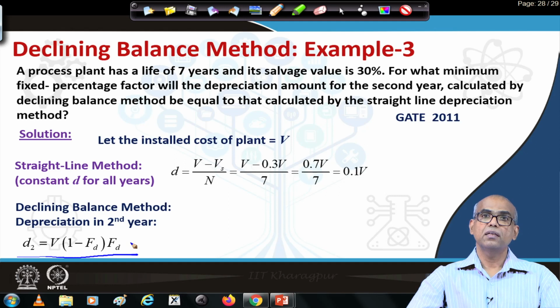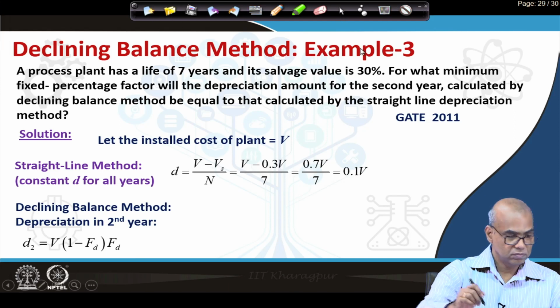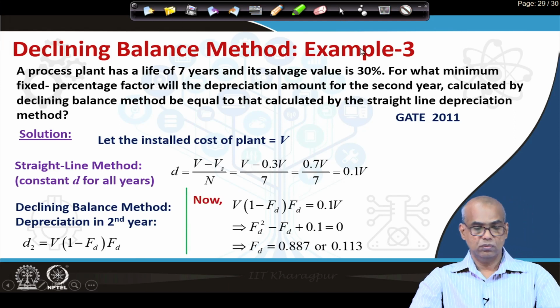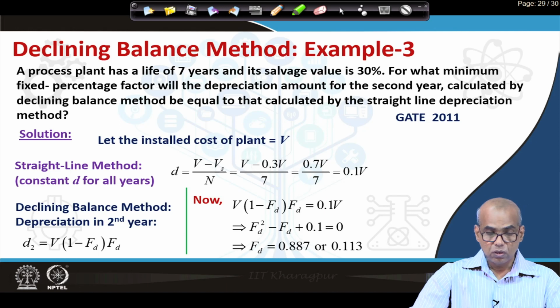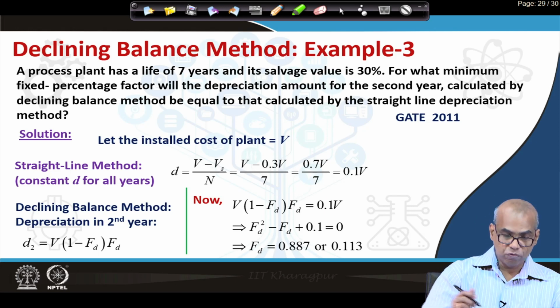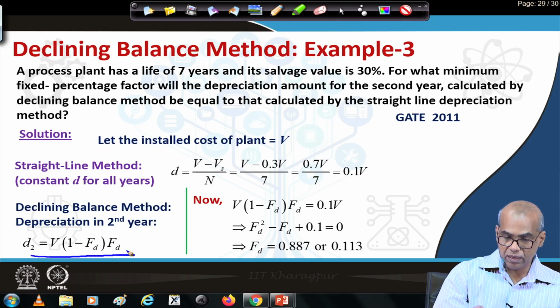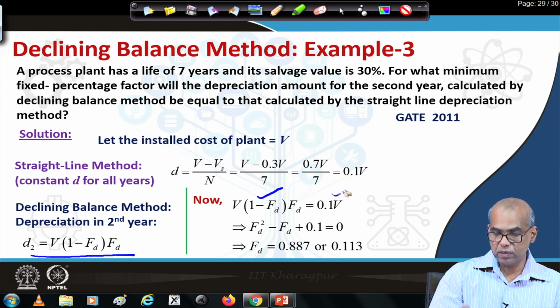In the second year, D2 will be B1 into FD. So, D2 will be equal to D in the straight line method. So, V into 1 minus FD into FD is equal to 0.1 into V.